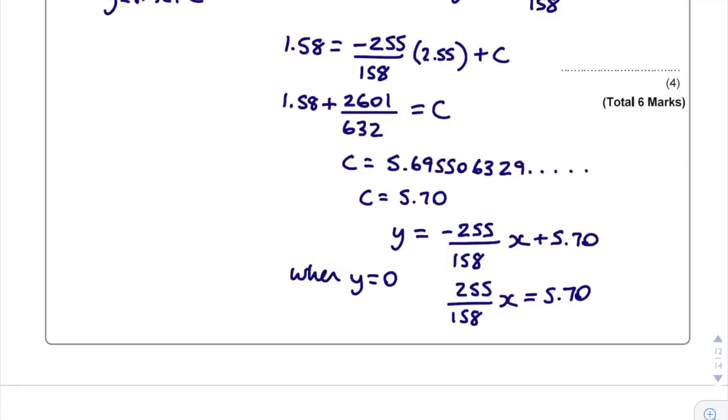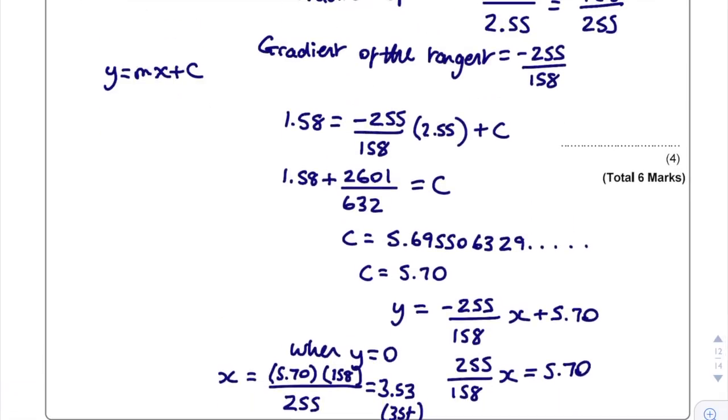And if we solve for x, x is going to be 5.70 times 158 all over 255. If I work that out on my calculator, I get 3.53 to three significant figures, as that's what the question asked us to approximate it to.